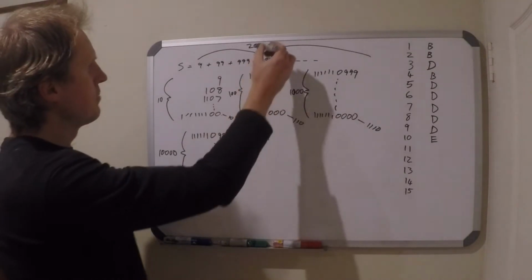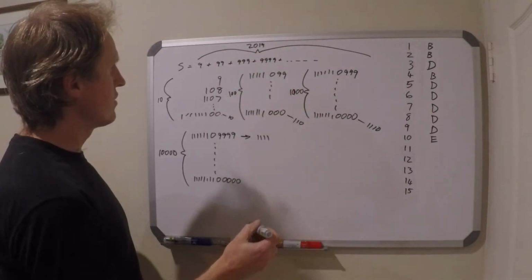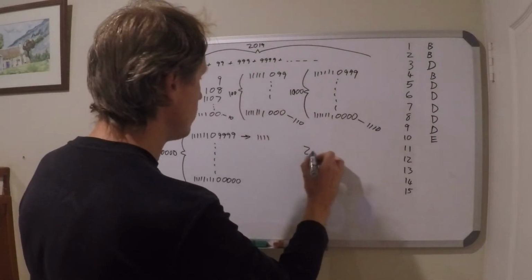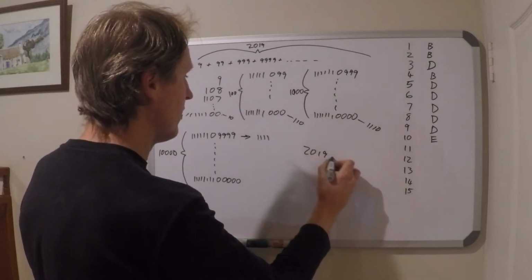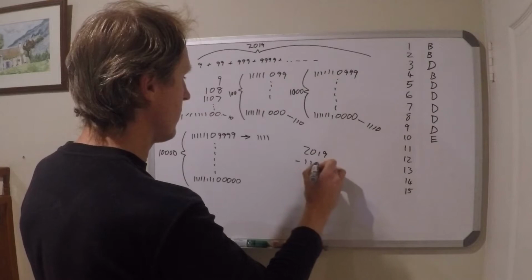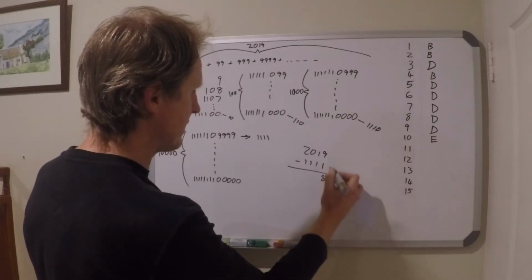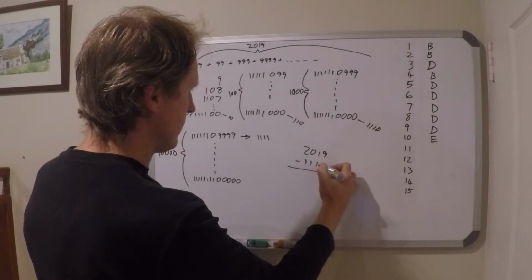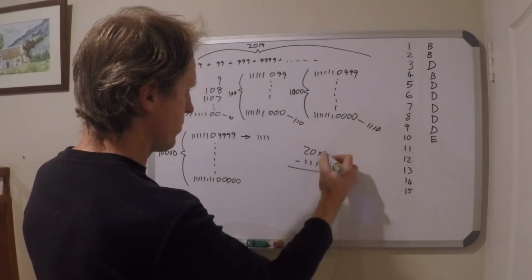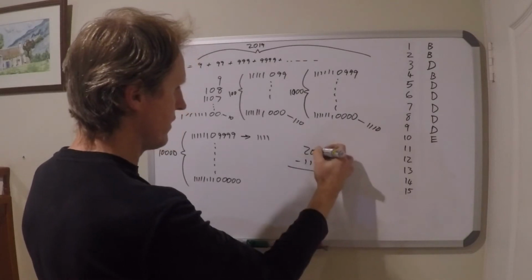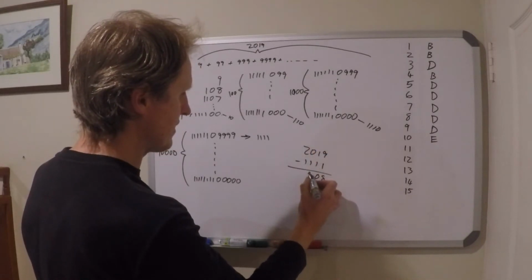How many more do we need to take? If we say 2019 minus 1111, what do we end up with? Sorry, 1 minus 1 is 0, and then 20 minus 11 is 9.